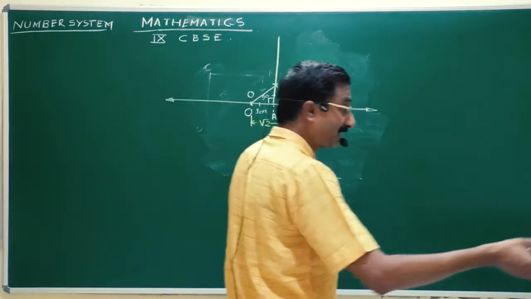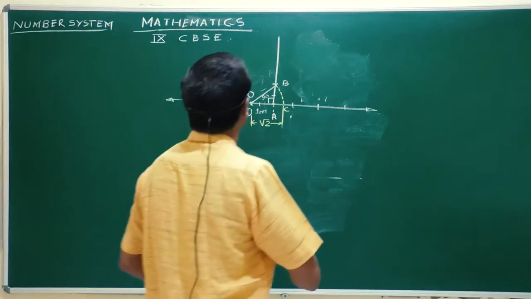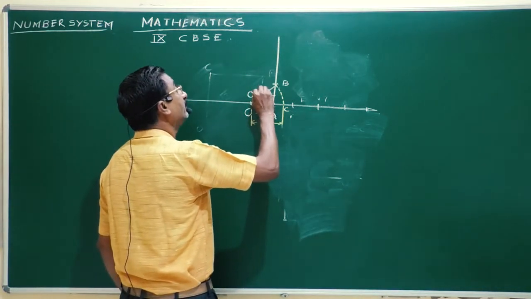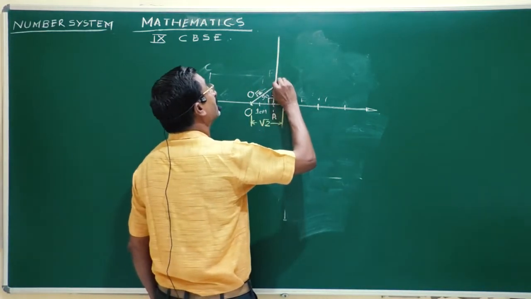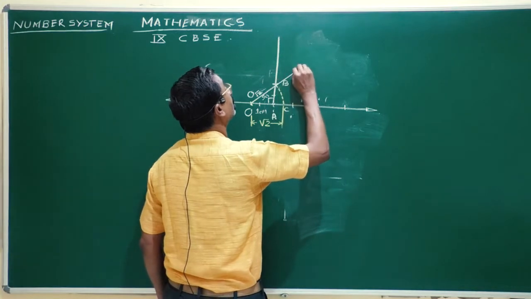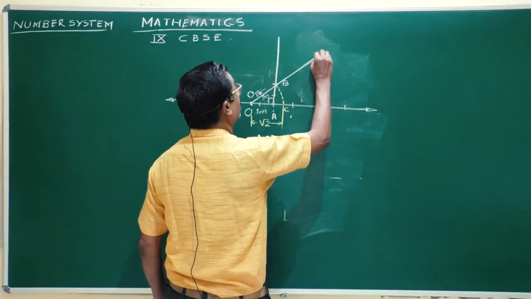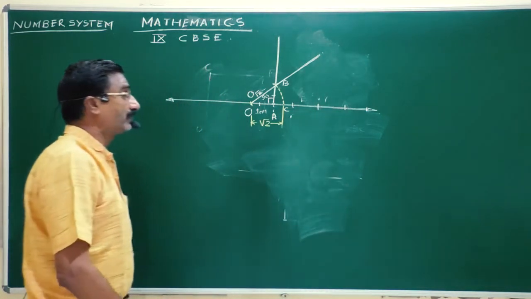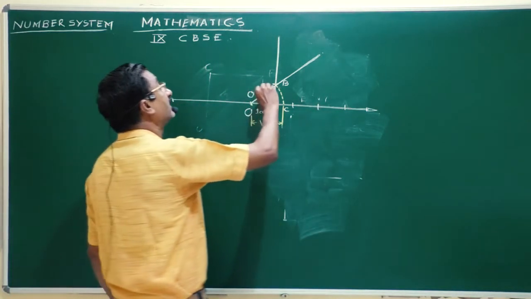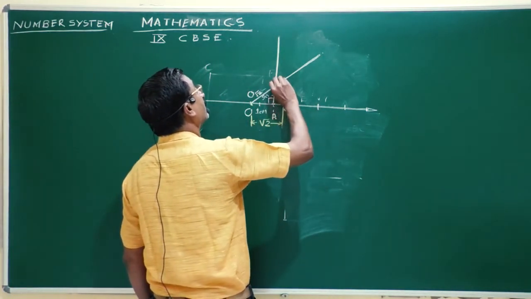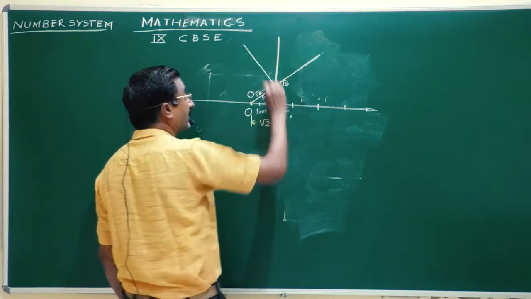The procedure is the same up to under root 2. Now this value is under root 2. We will extend this line. In the book it is not extended, but practically when you draw, you have to extend it. Then again draw a perpendicular, as I have explained earlier.